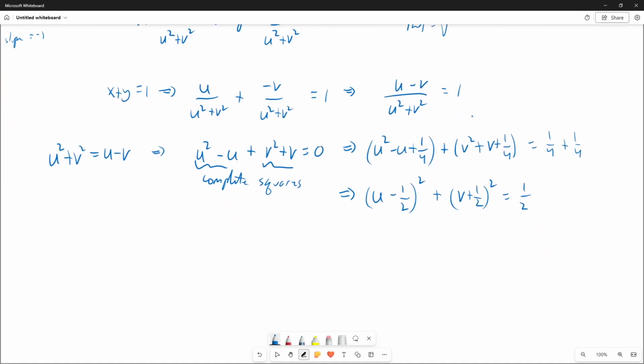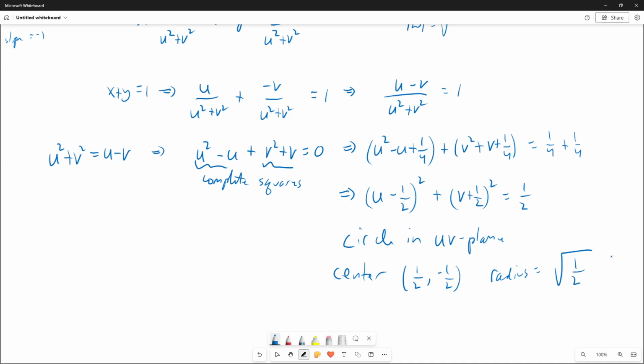So this is an equation of a circle in the uv plane with center at the point 1/2 comma negative 1/2 and radius the square root of 1/2, which is also 1 over the square root of 2, or the square root of 2 over 2. So that will be our image. It'll be this circle.